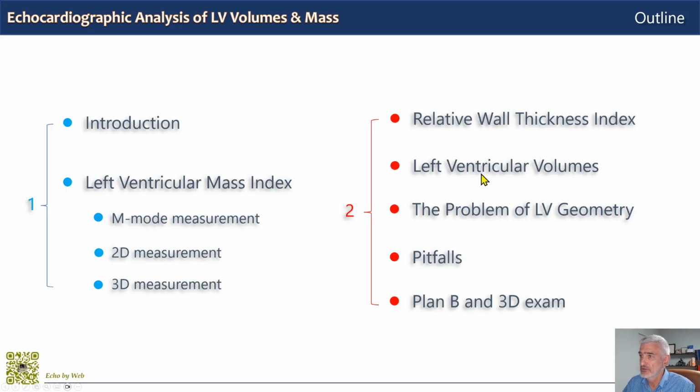Then we will move on to how to measure left ventricular volumes, and we will see the very important issue of the left ventricular geometry and how to respect it. And then we will see pitfalls that occur when LV geometry is incorrect. And at the end, a quick look at the 3D exam concerning volumes and ejection fraction.